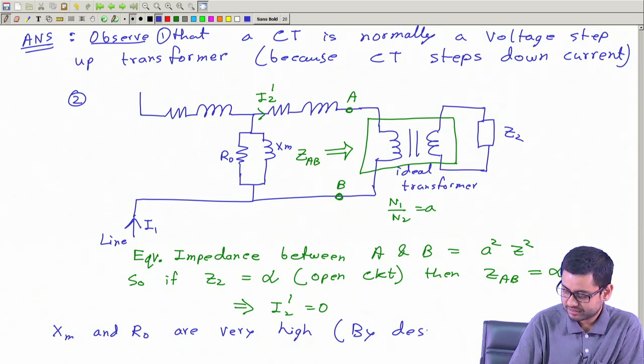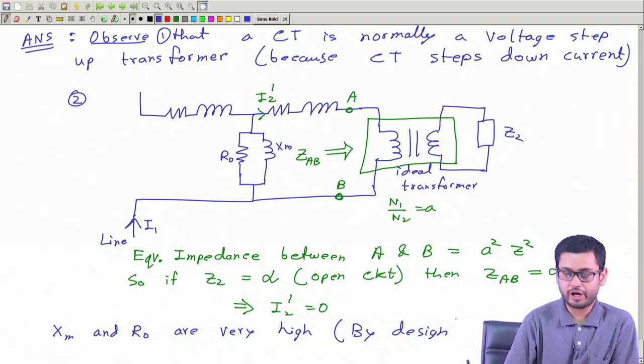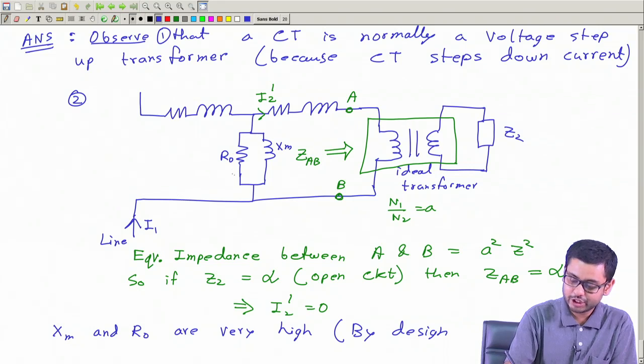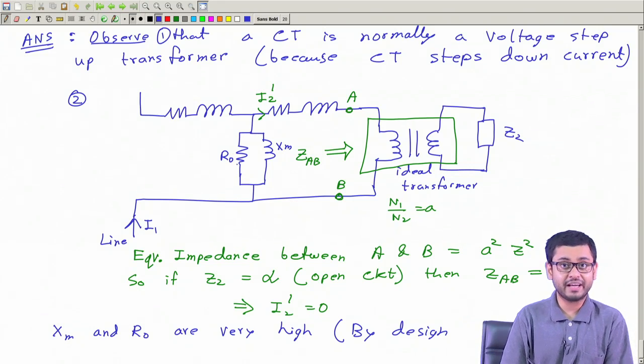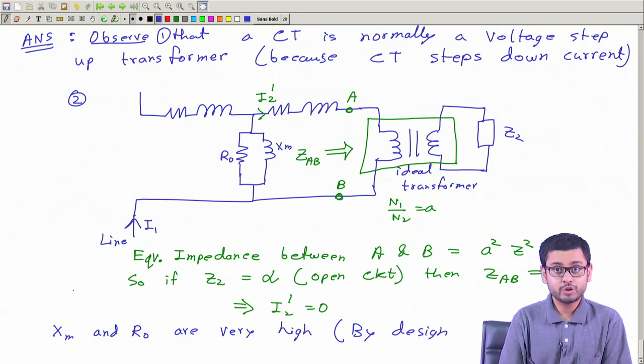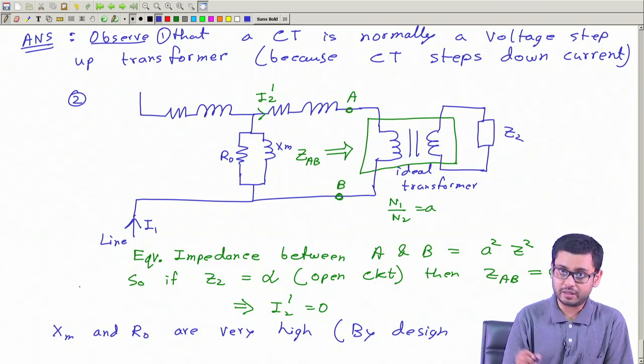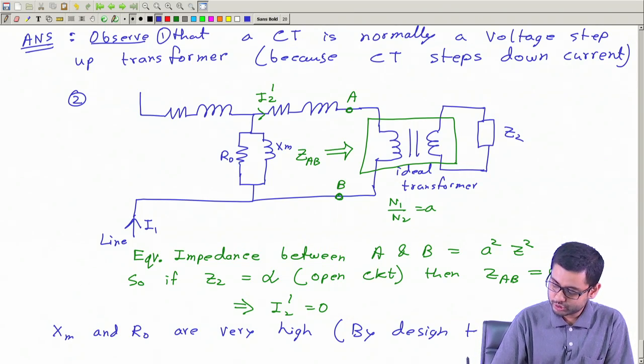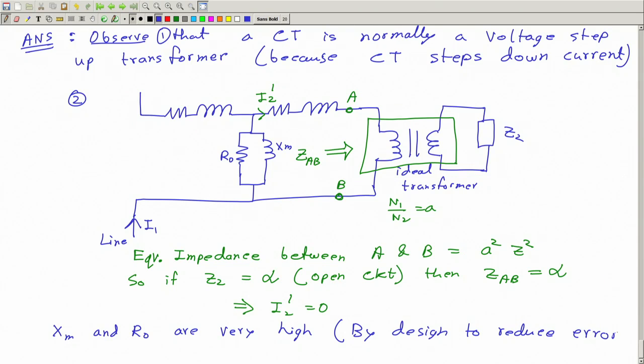We have manufactured the CT to have XM and R0 very high. Why? To reduce phase error and the ratio error. By design to reduce error. This is what we have done.